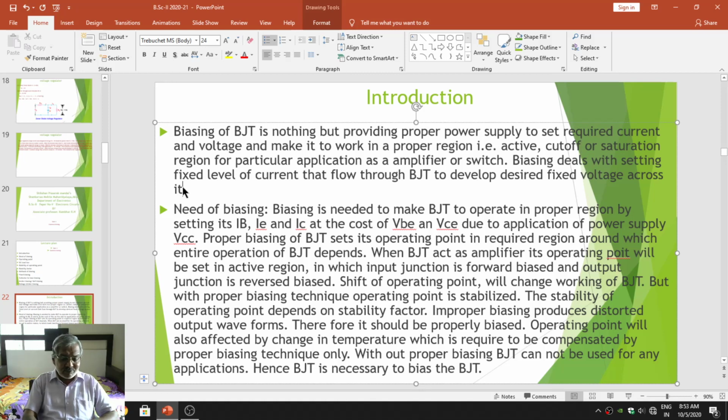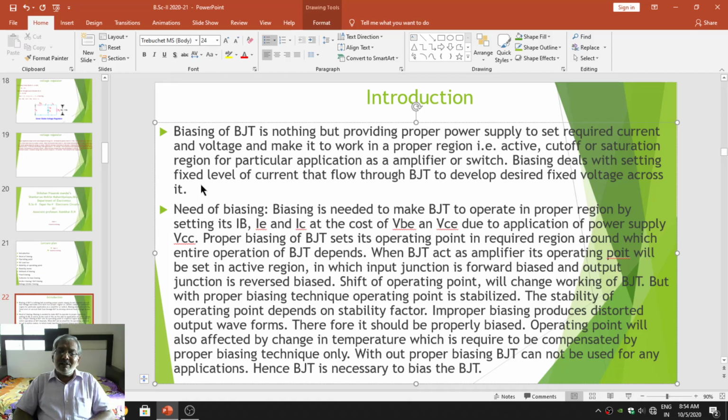So that's why it is necessary to provide proper magnitude and proper polarity of the power supply voltage so that the transistor is going to be biased properly. Friends, in BSc 1 we studied a little bit about what are the modes of biasing of BJT, and where we have studied that BJT is going to be operated in forward bias mode, it is going to be operated in saturation mode.